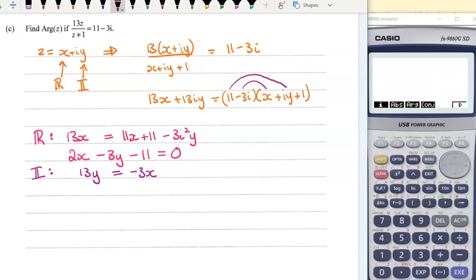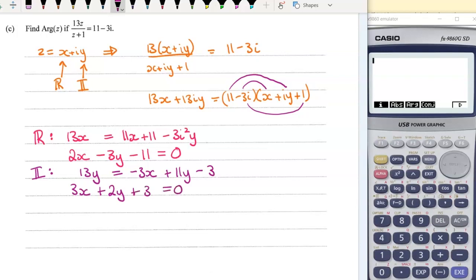So 11 times iy. So just the coefficient of that bit would be the 11y. And finally, we have a minus 3i times 1. So the coefficient of i there will be minus 3. Okay, now bringing everything to the left-hand side, we will have a 3x plus a 2y plus 3 is equal to 0.